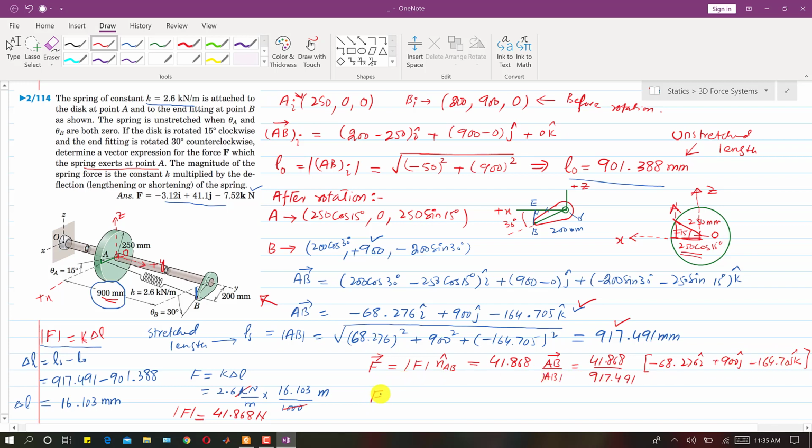So we will get the F vector. So let me solve this. When I multiply this value with all of these components, we get that force vector in terms of I, J and K, and this is that vector, right? So this is the solution of this problem.